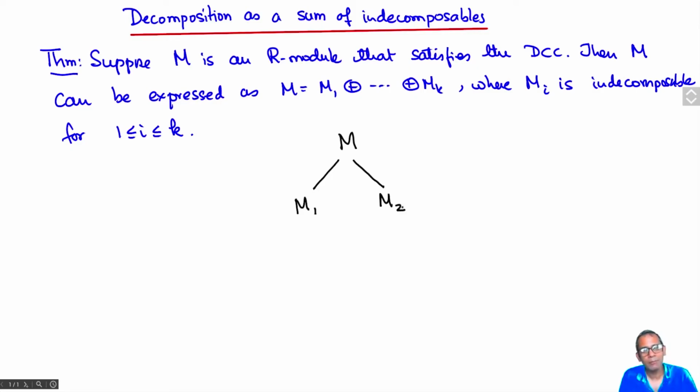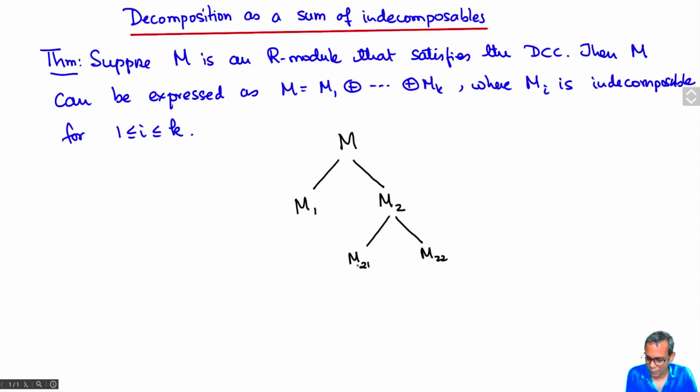If M1 and M2 are both indecomposable, then you're done. Otherwise, let's say M2 is not indecomposable. Then I can further decompose it into M21 and M22. And let's just for the moment assume that M1 is indecomposable, so I won't do anything to it.